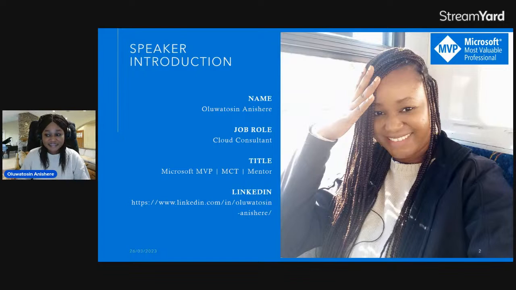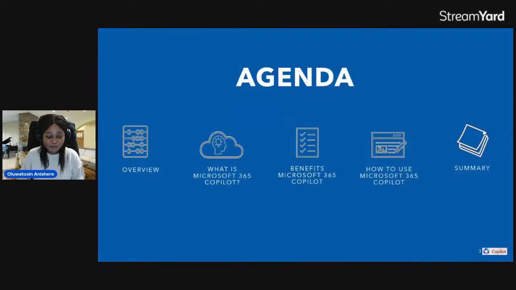Okay, so let's get started because I'm really excited. We'll be talking about introduction to Copilot. Before we get started, I'm going to give us the overview of the Microsoft 365 Copilot. I'm going to talk about what is Microsoft 365 Copilot, the benefits of Microsoft 365 Copilot, how we can use the Microsoft 365 Copilot.